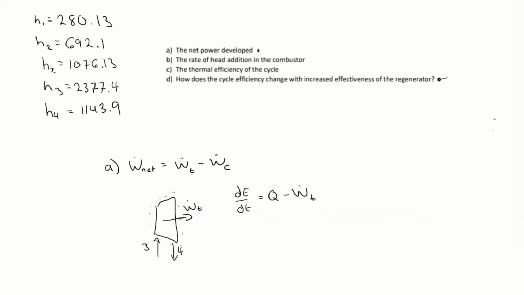This is minus because our power is leaving our turbine, plus m dot (h3 minus h4), and then we also have our change in kinetic energy term and our change in potential energy term.